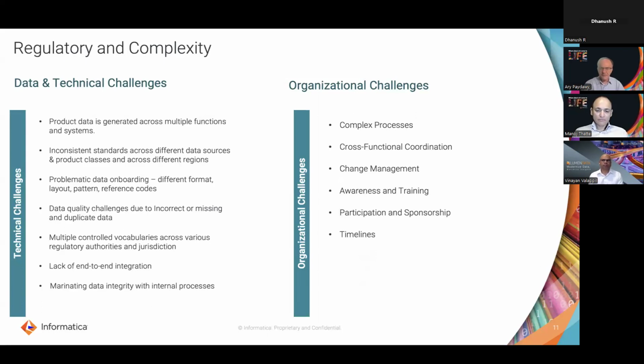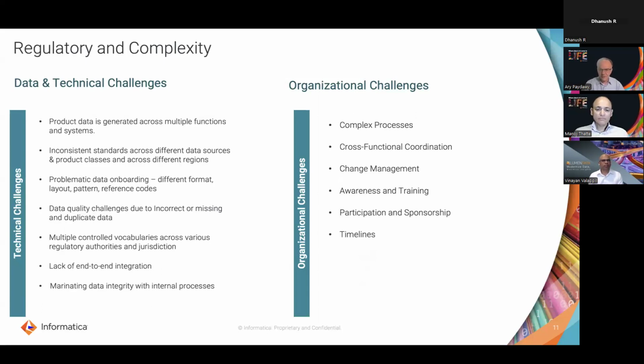Information is inconsistent because there are different functions, different owners, different standards, or different applications. So what's happening to companies is that there are a lot of sources and their data is inconsistent.